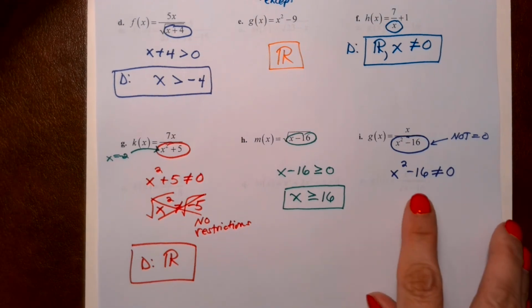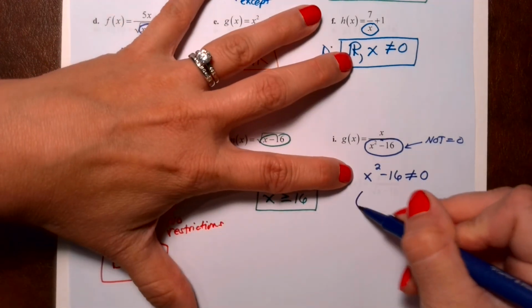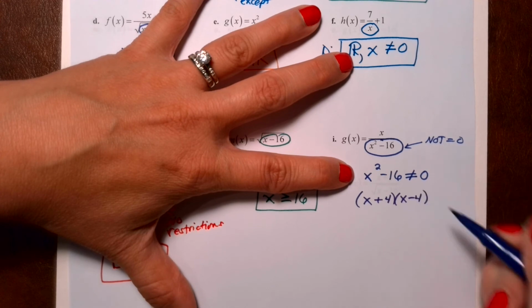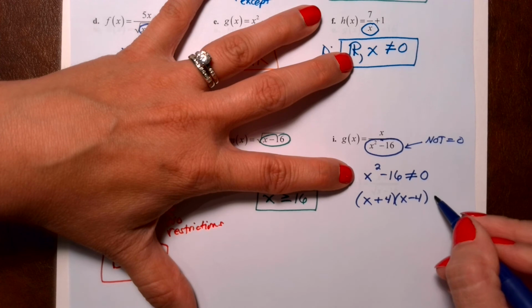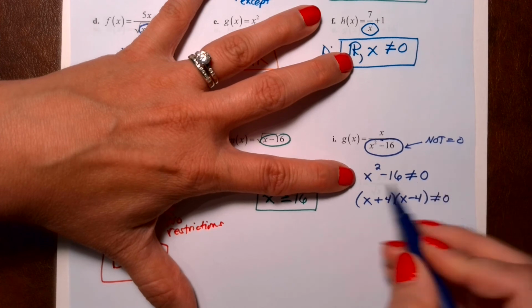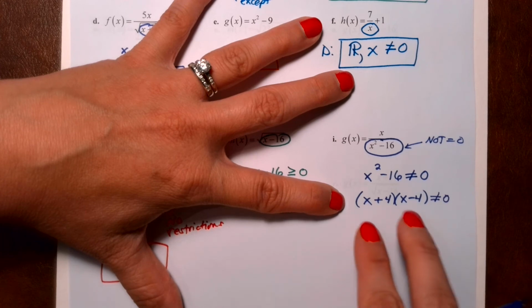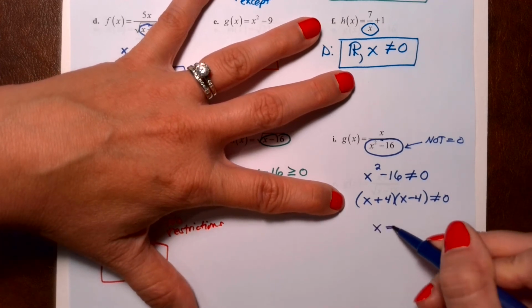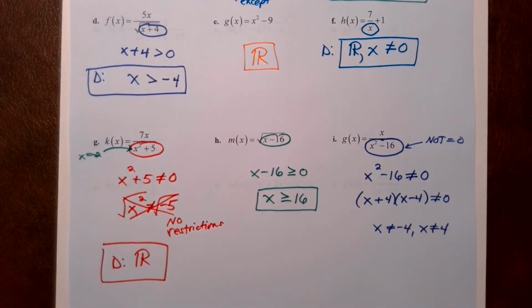This is a difference of squares, so you can factor x plus 4, x minus 4. Don't forget to write not equals 0. It's got to stay an equation. Now using the zero product property, x cannot equal negative 4 and x cannot equal positive 4.